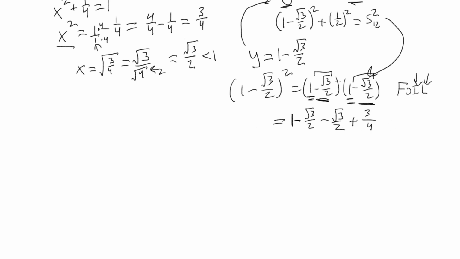And so if I combine all the like terms, we get 1 plus 3 over 4. That's 7 over 4. If we follow the same method as before when I found x squared, then we get minus 2 times the square root of 3 over 2.